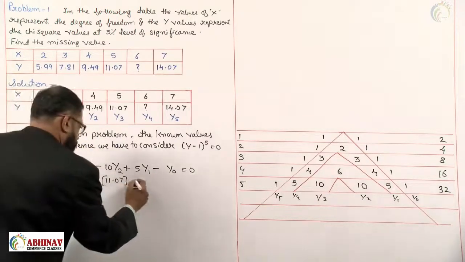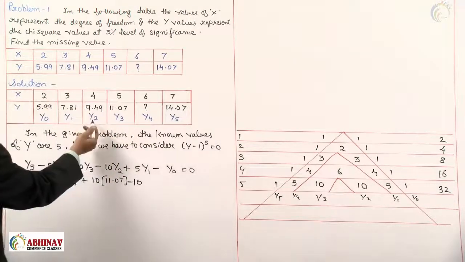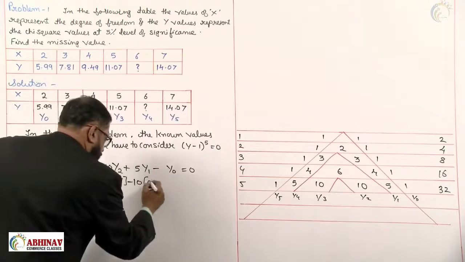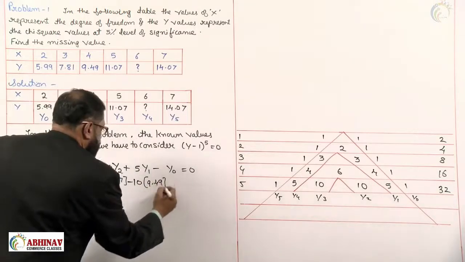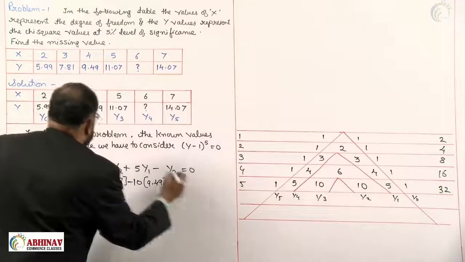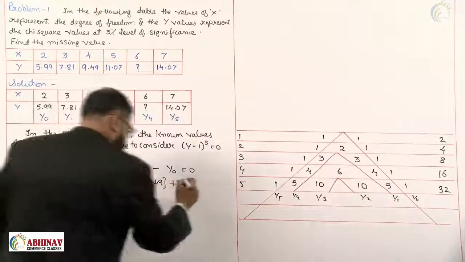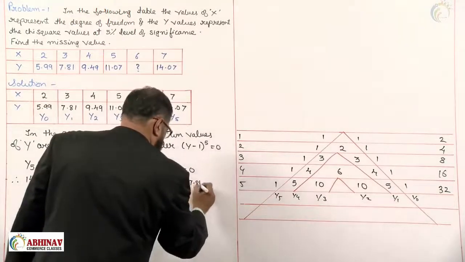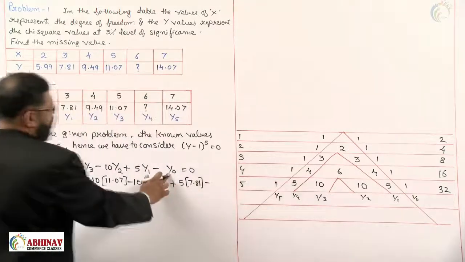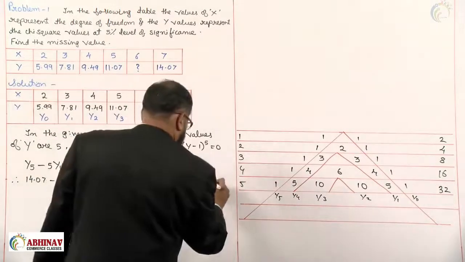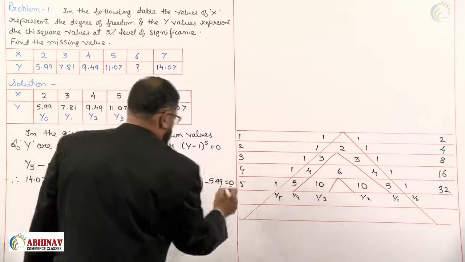Then minus 10y2, where y2 is 9.49, plus 5y1, where y1 is 7.81, minus 1 into y0, which we take as 5.99, is equal to 0.